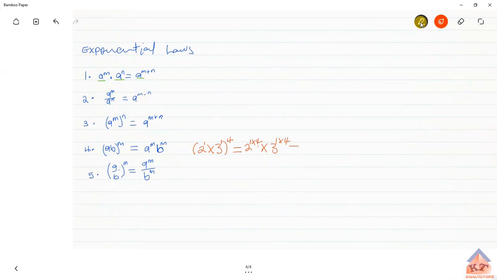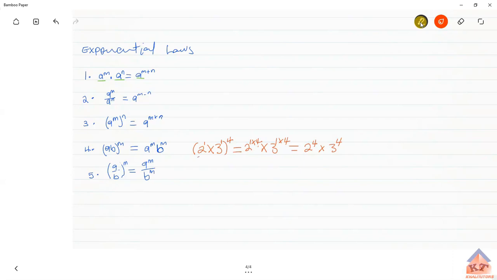Then the answer is 2 to the power 4 multiplied by 3 to the power 4. In this case we have the power of 1, but it is not necessary that the power needs to be 1 in order for this law to be applicable.